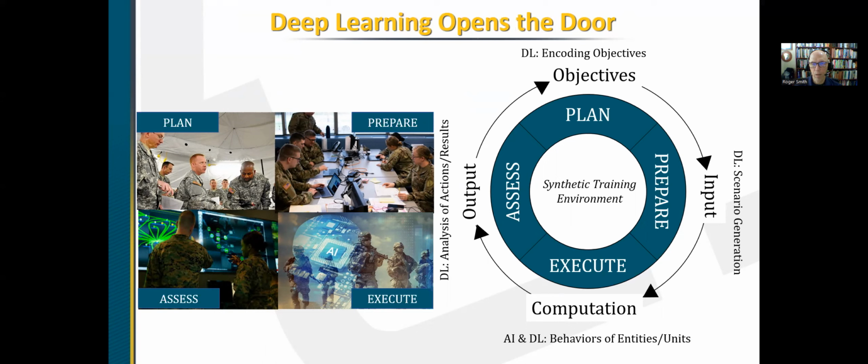And so in these military simulations, the most current systems that are being built, AI is going to be used in the execution phase, but deep learning and machine learning algorithms could equally be applied during the planning, preparation, and assessment phase to help the humans that are doing all of those jobs.